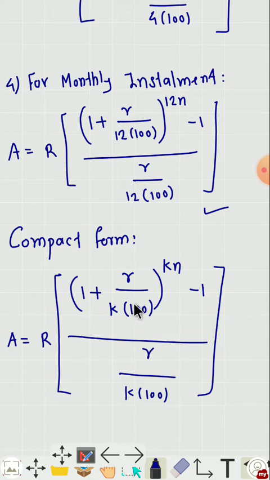Hence, when the period of annuity is yearly, half yearly, quarterly, monthly: in case of yearly, the value of k is 1; in case of half yearly, the value of k is 2; in case of quarterly, the value of k is 4; and in case of monthly, the value of k must be equal to 12.